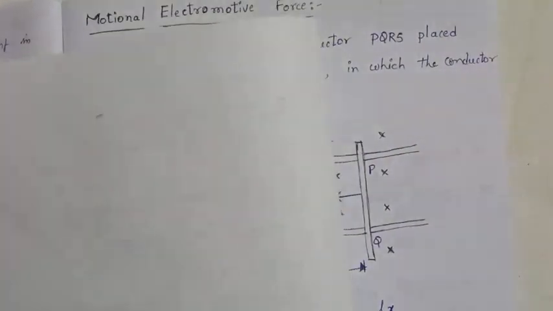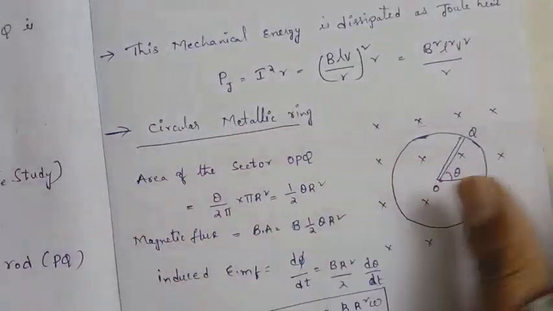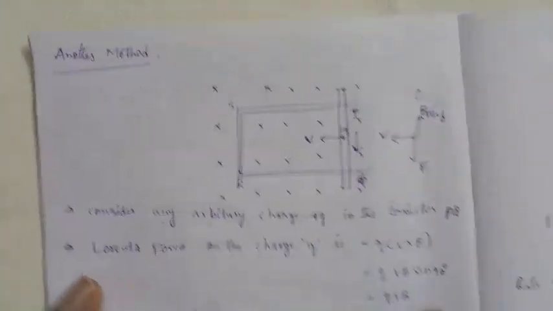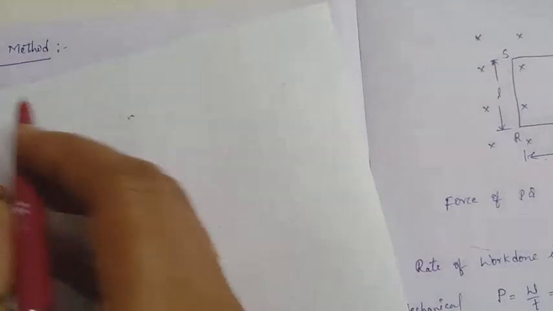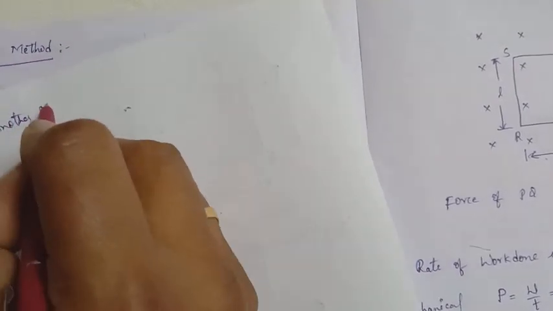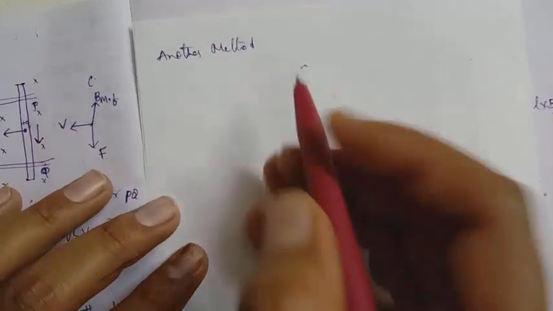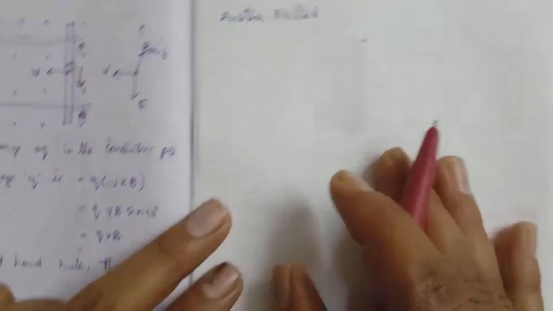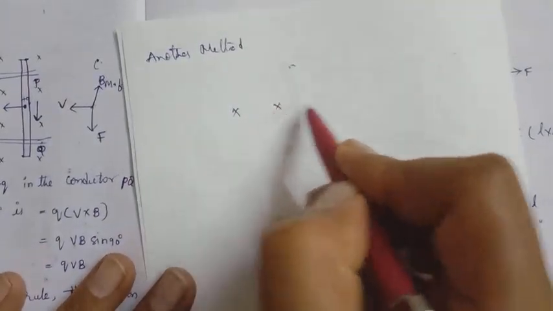So another method. It is the notes for this. The induced EMF is equal to BLv. And for the next, another method, you can follow either one. So here you have to take the magnetic field into the paper.